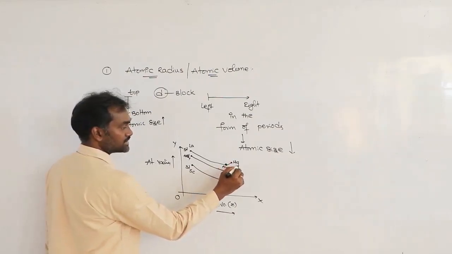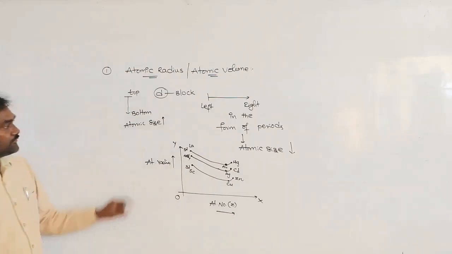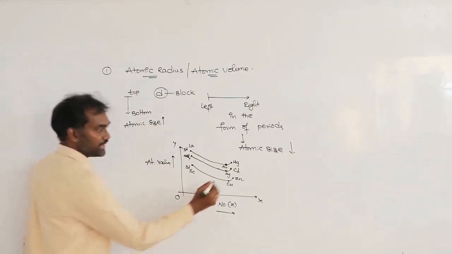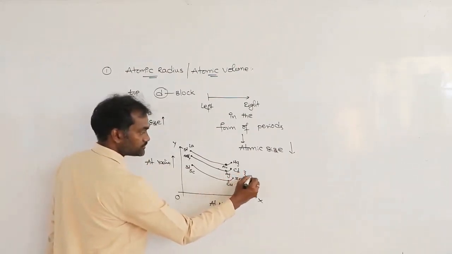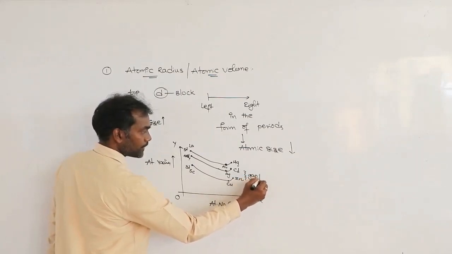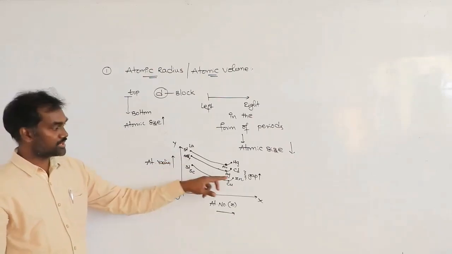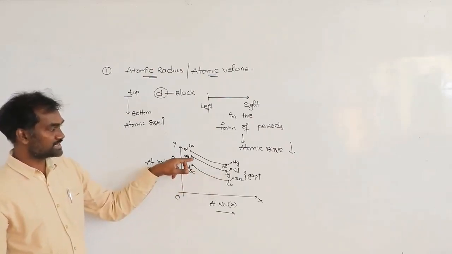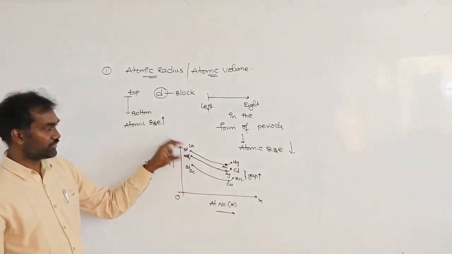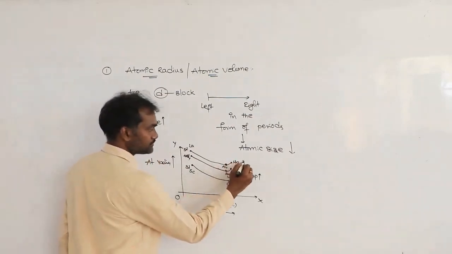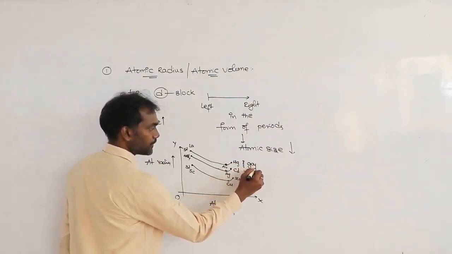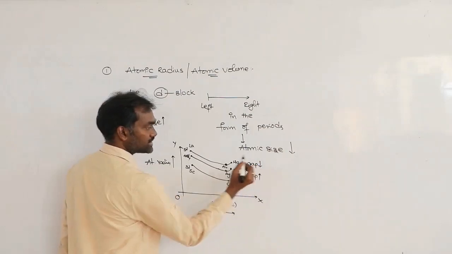and mercury it increases. Next, if you see the atomic size, the gap is more between 3d and 4d, meaning the size increases more. Between 4d and 5d the gap is very small.